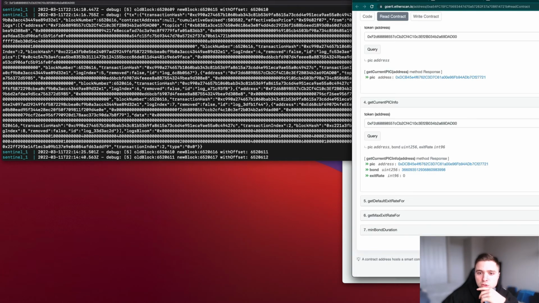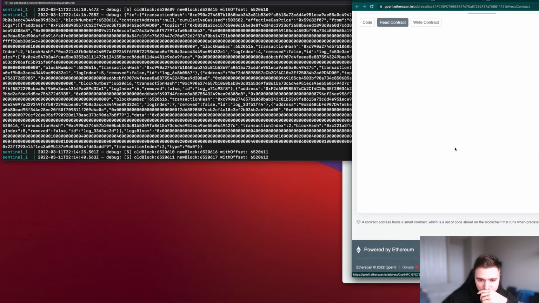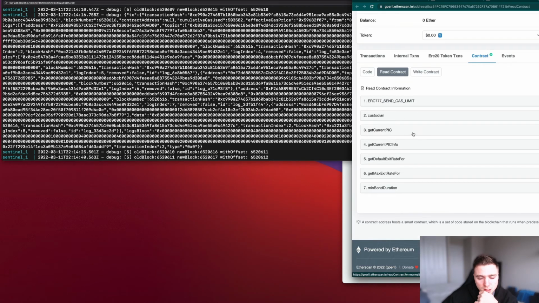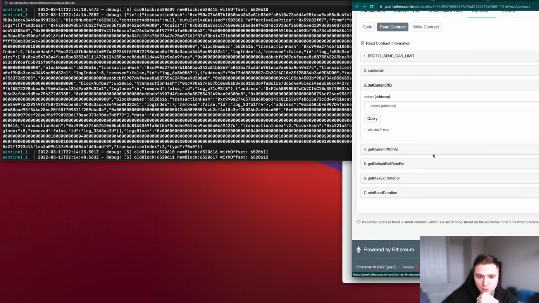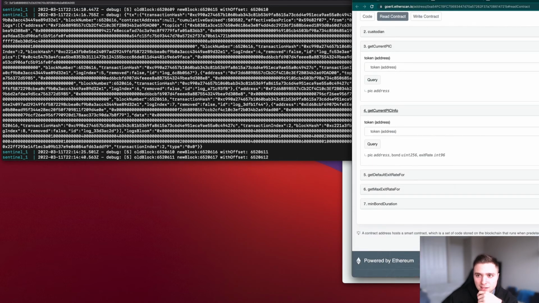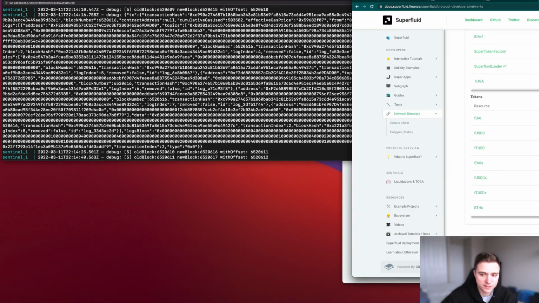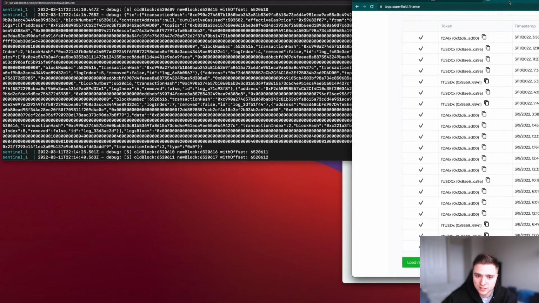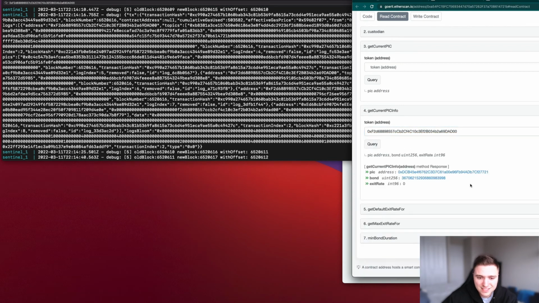If we also go to the TOGA and get the current PIC info, it's likely that our bond amount would have increased if this was closed out in the priority period. It's going to be tough to compare. I can prove it to you though.